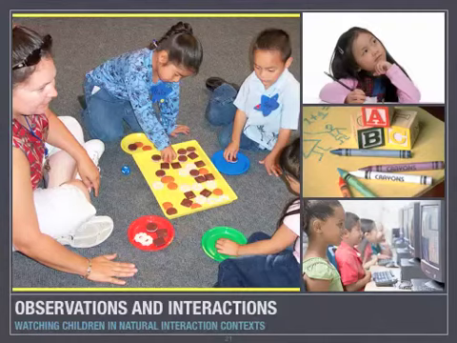In the picture on the left, for example, a teacher is playing a game with the children, and the children are being asked to count out the number of cookies that match what was rolled on the die. Using this interaction, the teacher can get information about the children's numeracy skills, color recognition, and shape recognition all at the same time. In this interaction, one child answered that they had 5 galletas.